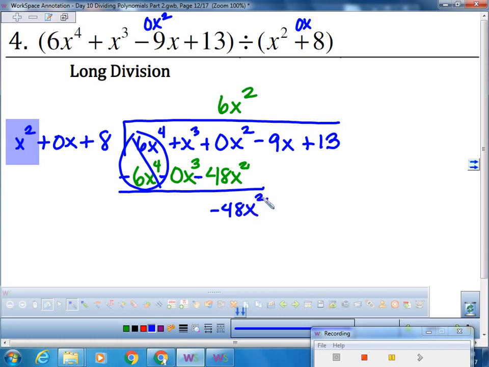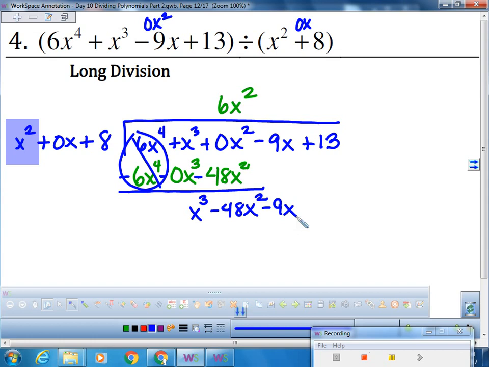And I have an x cubed, and I subtracted nothing from it, so now I still have an x cubed. Okay? Then I bring down the negative 9x. So that's how you start that one off.